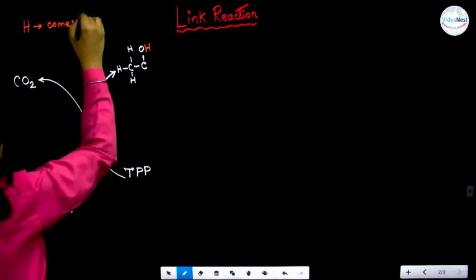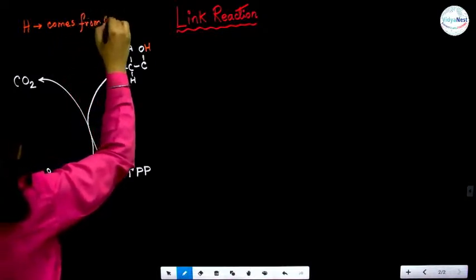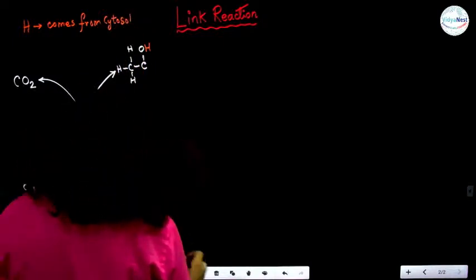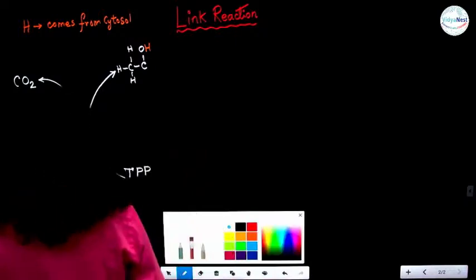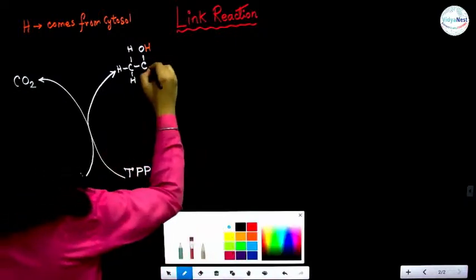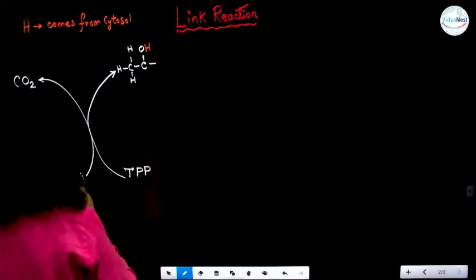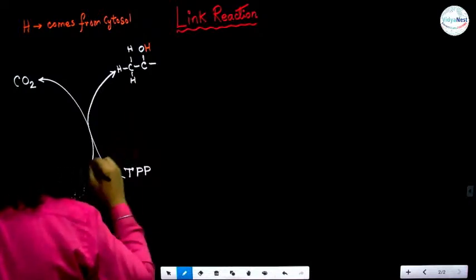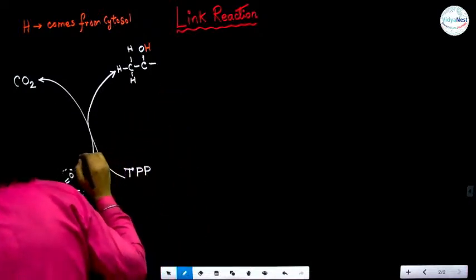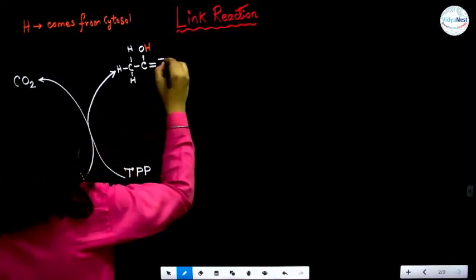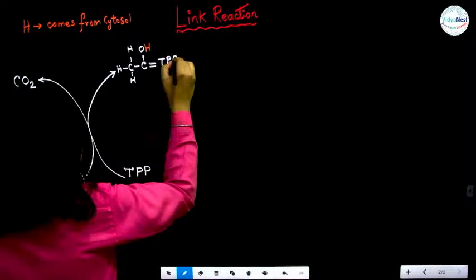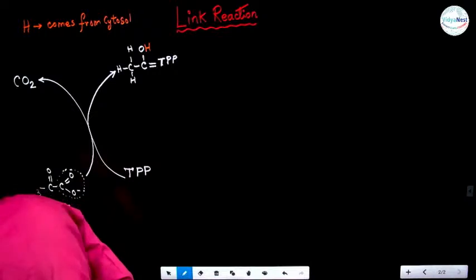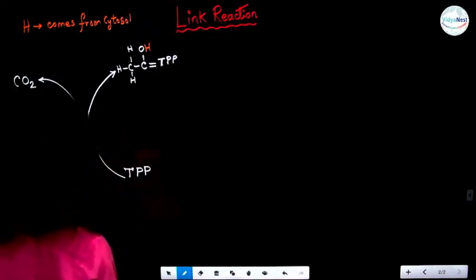Comes from cytosol. And there will be formation of TPP, thiamine pyrophosphate, formation of a bond with TPP, right?